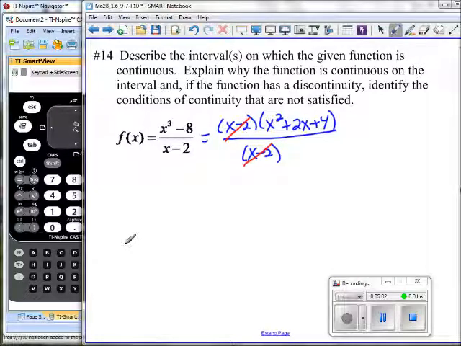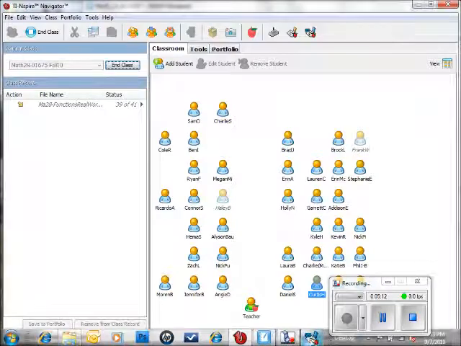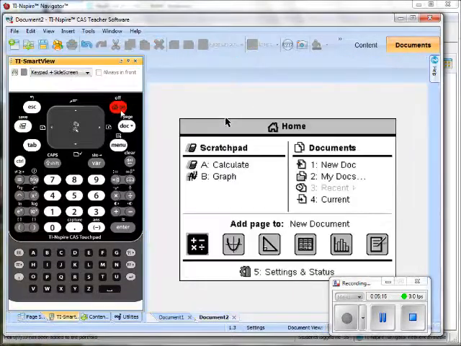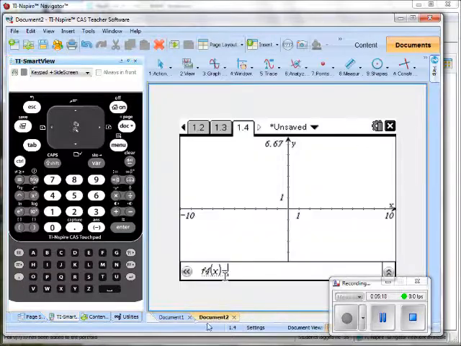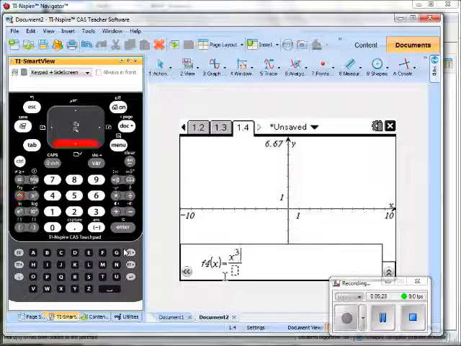Isn't everything going to be a vertical asymptote for us? So take your Inspires and let's put another graphing page on. I don't need to tell you guys how to do this, I don't suppose, but make sure that you have x cubed minus 8 divided by x minus 2.